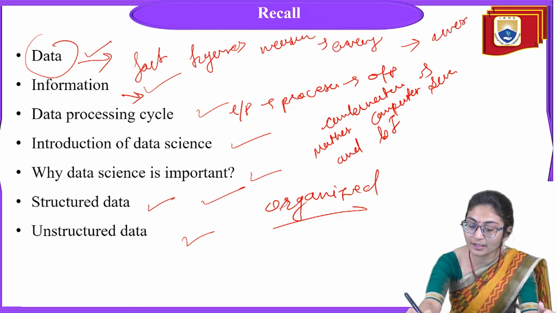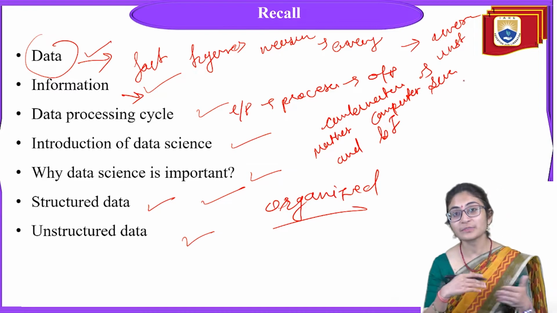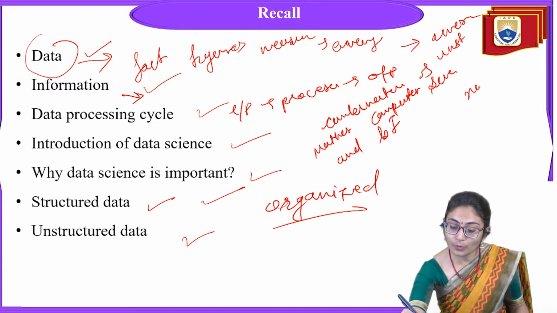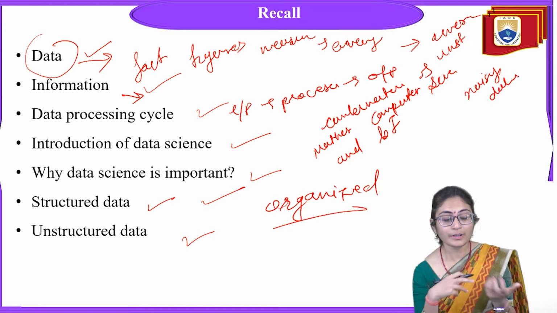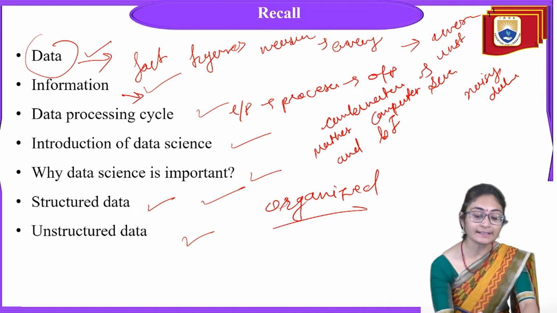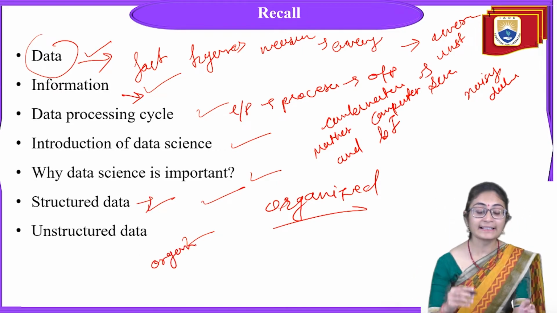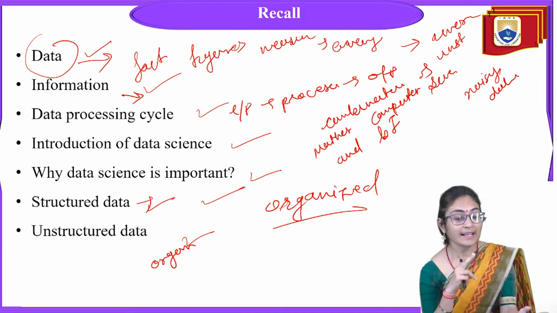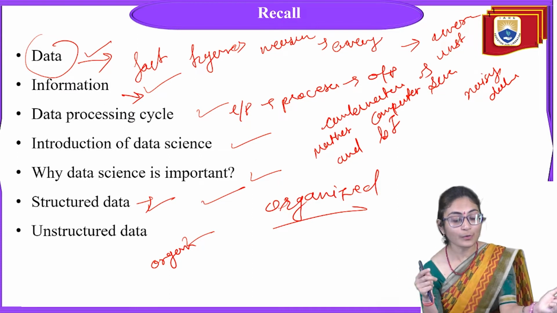It can be unorganized, unstructured, and sometimes it can contain some noisy data. When we are talking about structured data, that data will be in the organized format, it will follow some rules, and it will contain some functions which follow the structure.